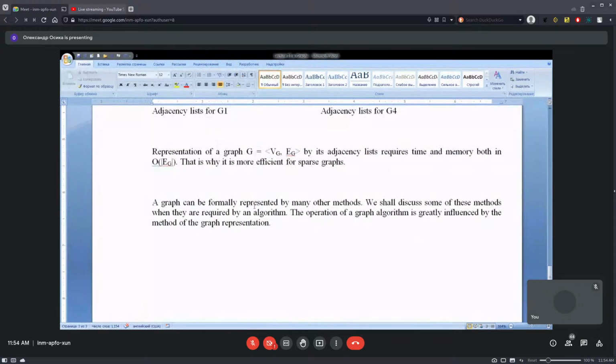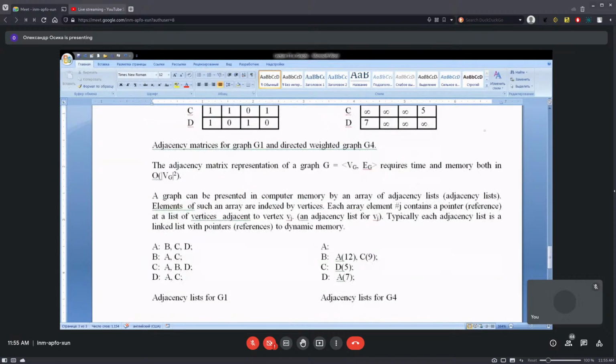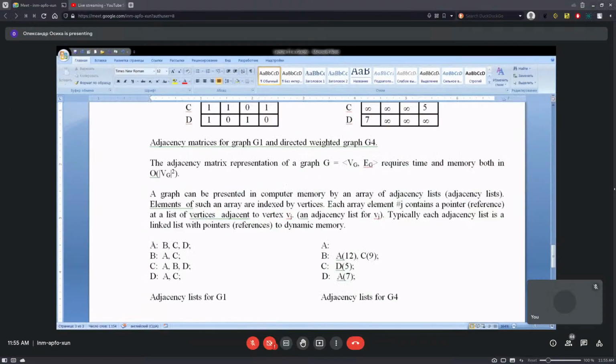A graph can be formally represented by many other methods. We shall discuss some of these methods when they are required by an algorithm that processes or works on the graph. The operation of a graph algorithm is greatly influenced by the method of graph representation. Here, I give you just only 2 basic methods, and even the list of adjacencies is given in an abstract way.